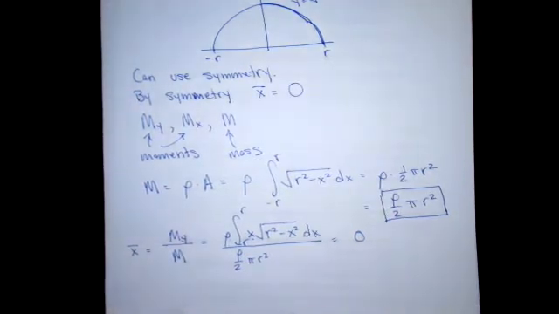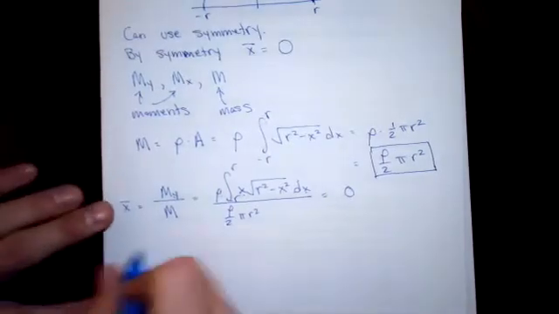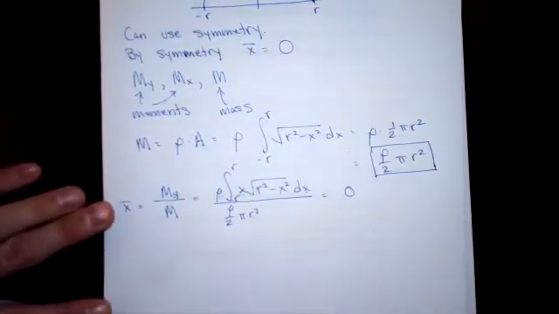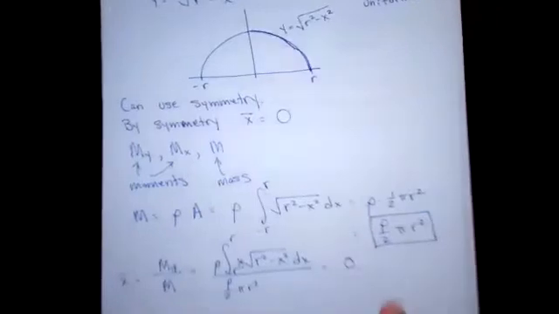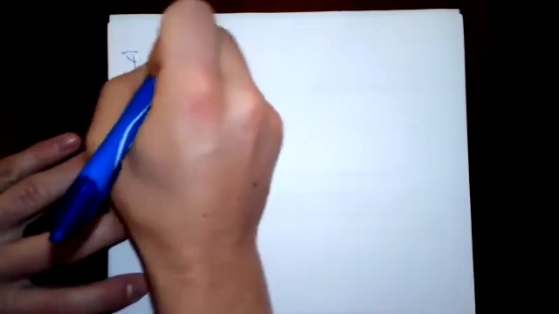The y coordinate, we want to do similarly. We already found the mass. Let me start it on a new page since we'll actually have to compute this. The centroid y coordinate, of course, we call it the moment about the x-axis divided by the mass.